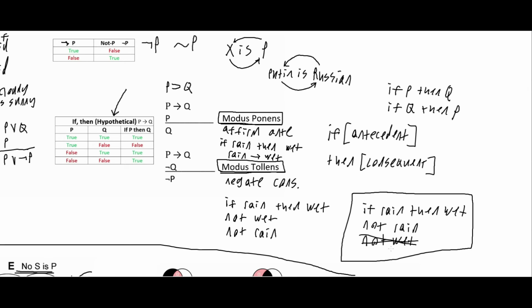So this over here was an invalid hypothetical syllogism, and this is also invalid. You cannot conclude that if P then Q, that does not entail that if Q then P. So you can't affirm the consequent in order to affirm the antecedent.